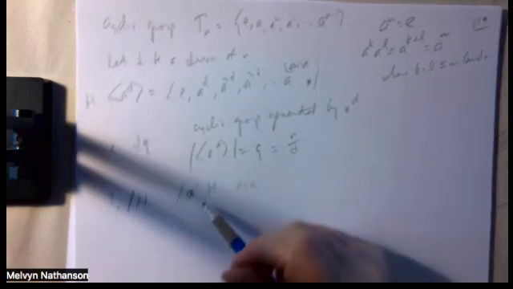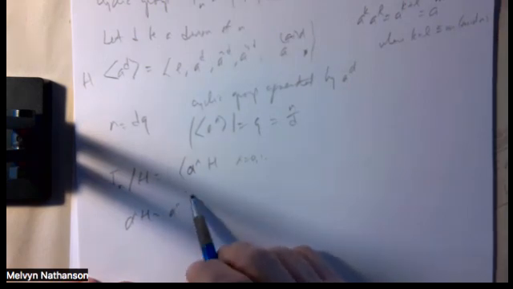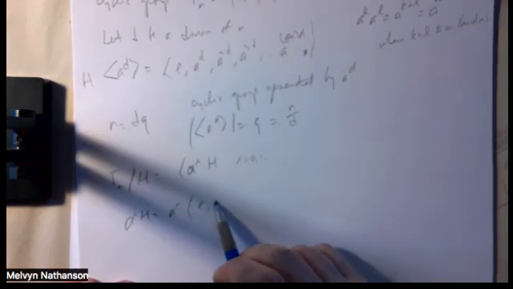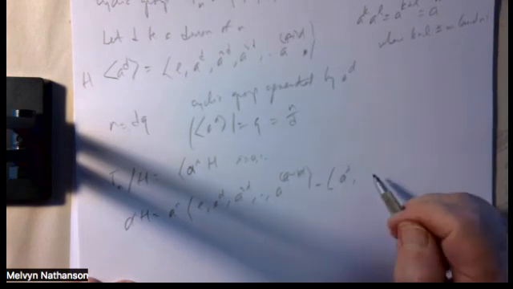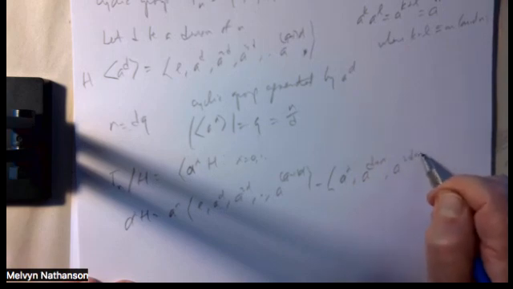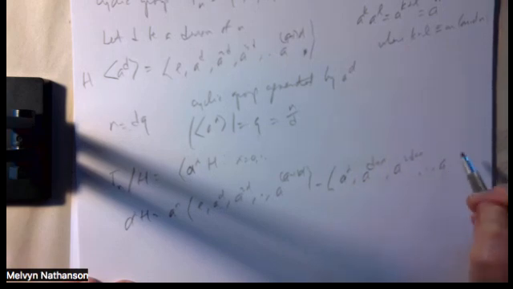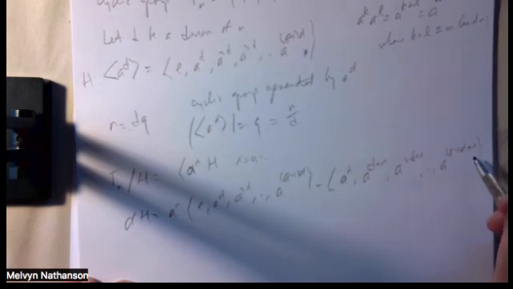And how many of these cosets are different? A to the I H is A to the I times this set E, A to the D, A to the 2D, up to A to the Q minus 1 times D. If I multiply each element by A to the I, I get A to the I, A to the D plus I, A to the 2D plus I, up to A to the Q minus 1 D plus I. It's these Q elements.